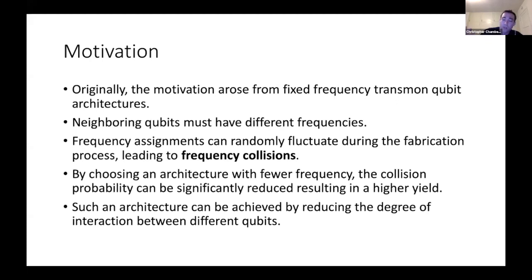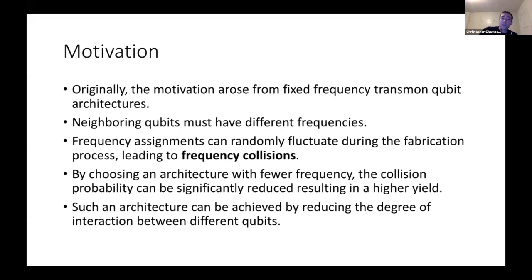And so if the probability of these events is quite high, then you'd have to fabricate many chips until you get one that has no frequency collisions. So we wanted to have an error correction architecture that minimized the probability of frequency collisions.